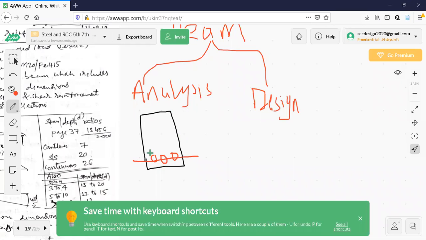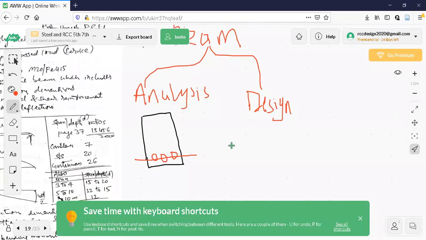So whether it is an analysis of singly reinforced or doubly reinforced beams, the cross-section dimensions were known to us, the area of reinforcement was known to us, the Ast value. We were just trying to find out the moment of resistance as well as the safe load the beam can carry.